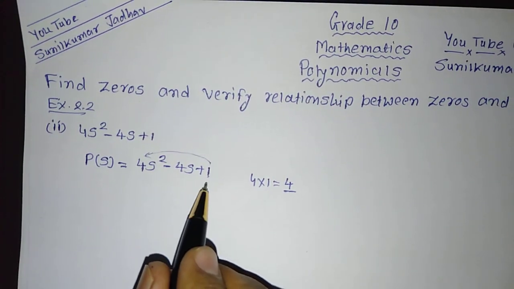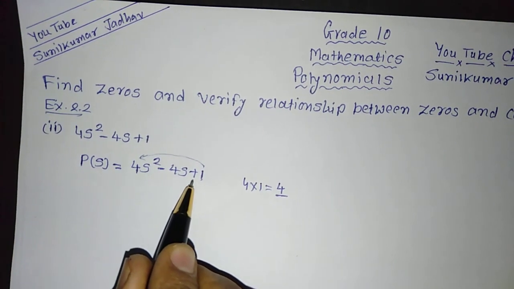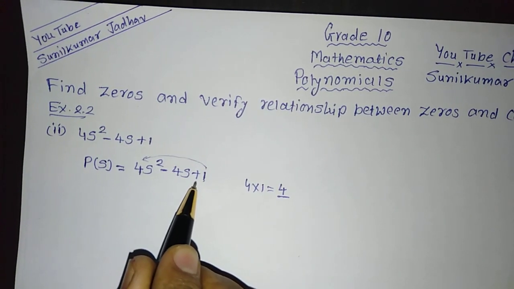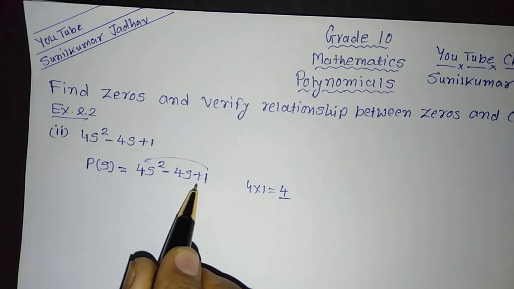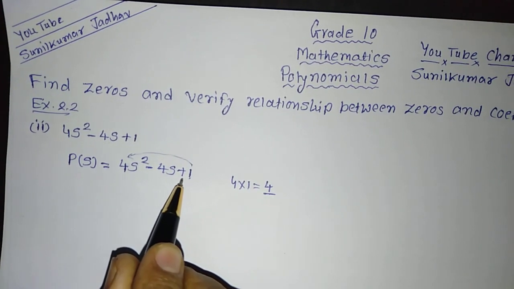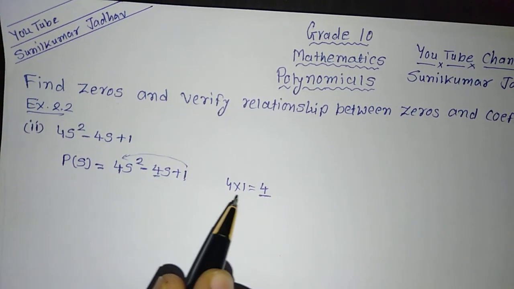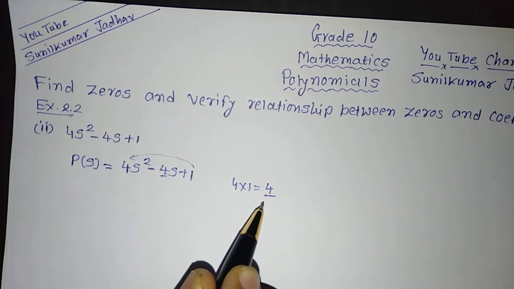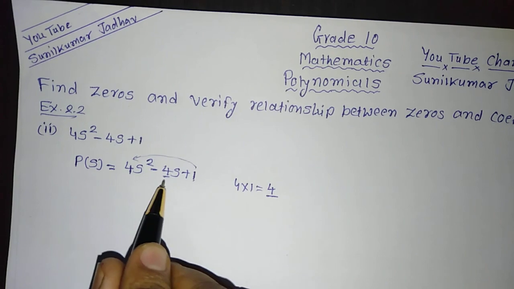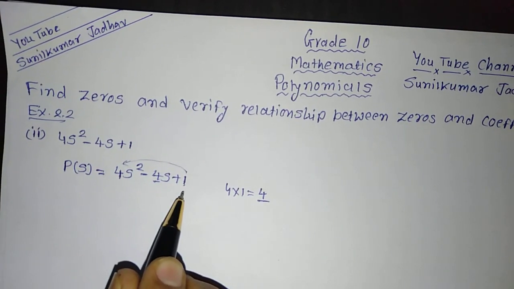Now this 4 we have to factorize in such a way that, see the sign here, it is plus, means we have to factorize 4 in such a way that those two factors of 4 should have the addition which is this one. That means the factors of 4 should add up to 4 and multiply to 4.